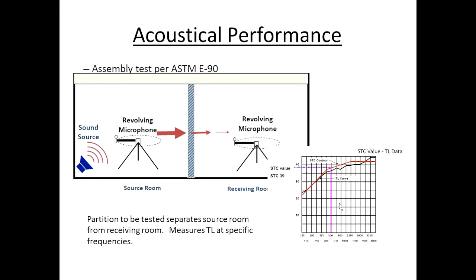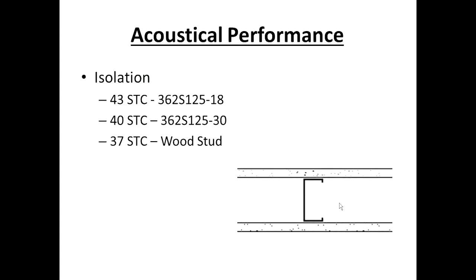I could have a wall that's very good from a sound transmission standpoint at a specific frequency, but lousy at another. So when I compare the two walls, the one wall may not be appropriate for the application I have in mind. And that's why we hire acoustical engineers. They evaluate, and they love that stuff, and they make sure you've got the right wall in the right place for the right application.